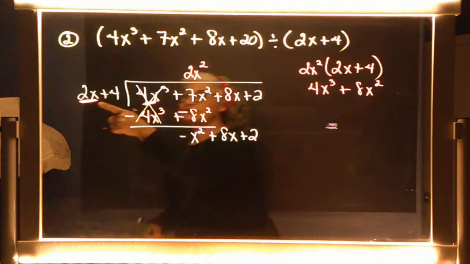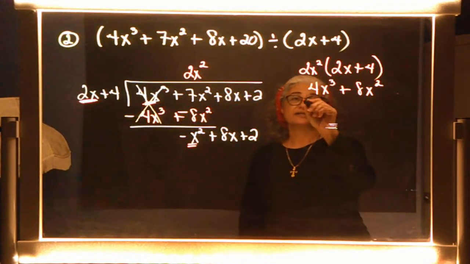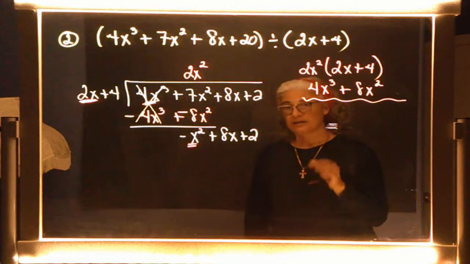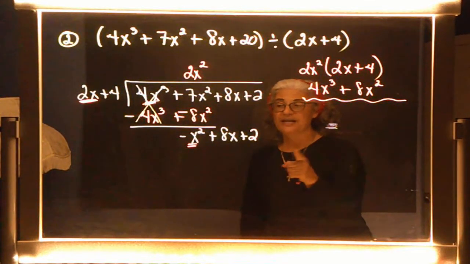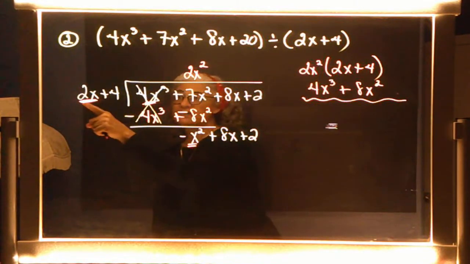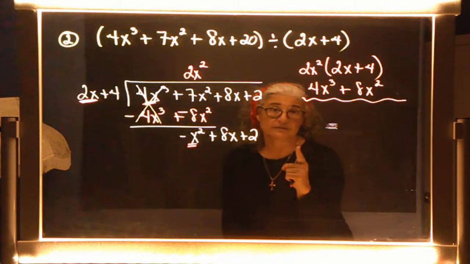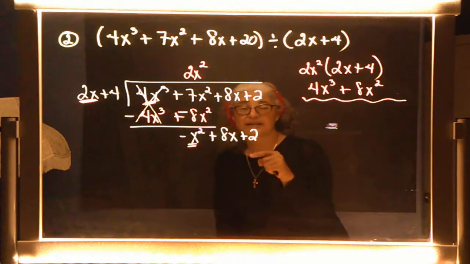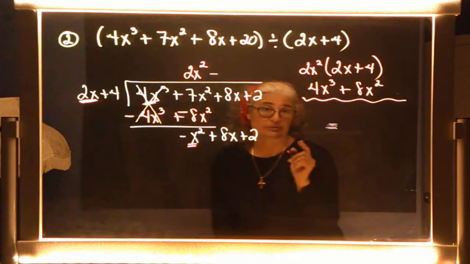I'm trying to get the 2x to wipe out the negative x squared, aren't I? Okay, so be careful on this one. In front here is a negative 1, isn't it? So what do I have to multiply the 2 by to make it, first of all, into a 1 and then a negative? So I know I'm going to have to multiply it by a negative number, right?